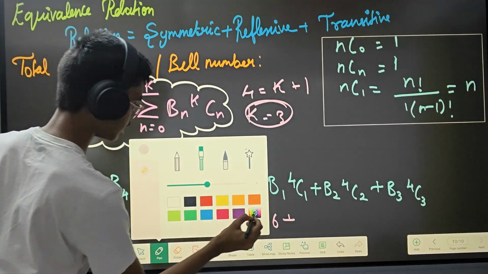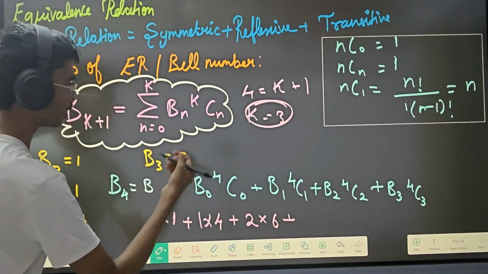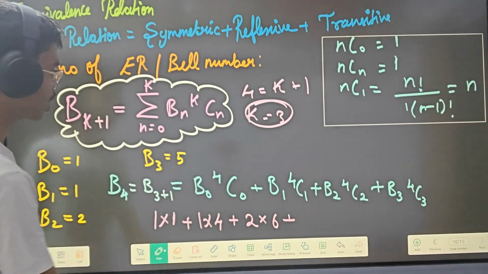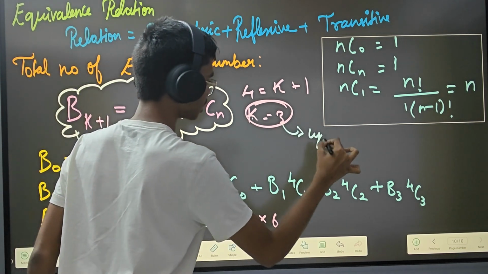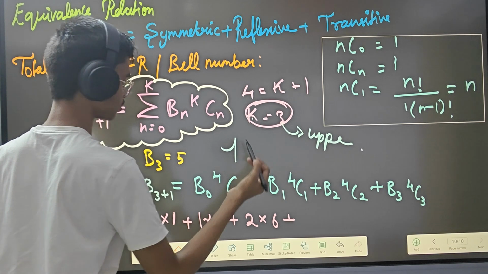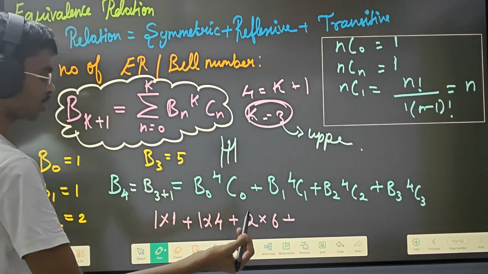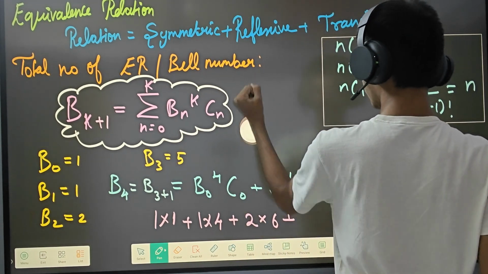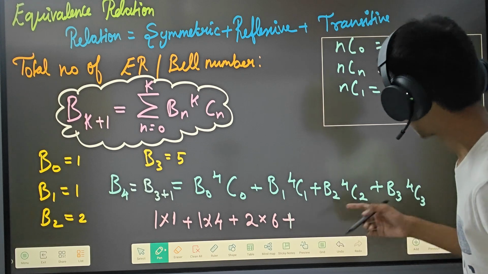So you have to write it like B of 3 plus 1, where 3 is equal to K, so 3 is the upper limit. Sorry, it should be plus 1 here, like this I wrote, and instead I put the wrong thing. Now everything will be making sense to you all. So plus last term here.